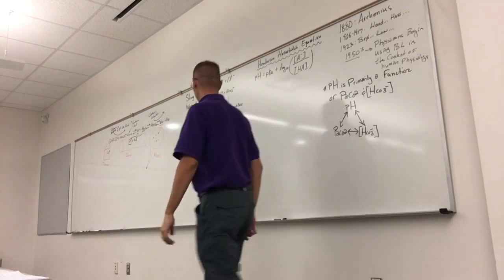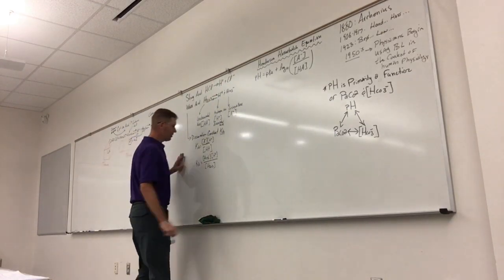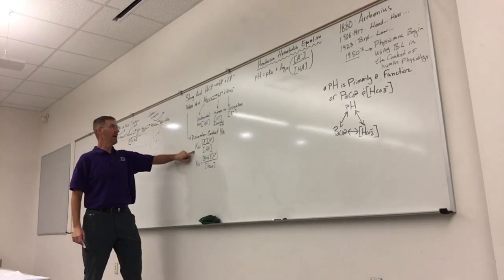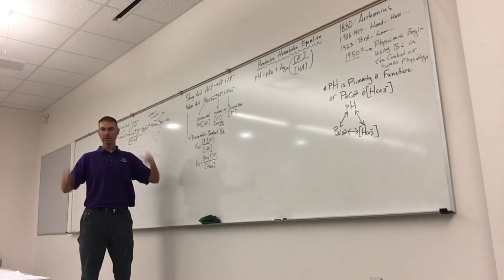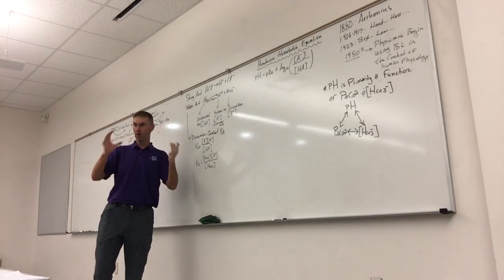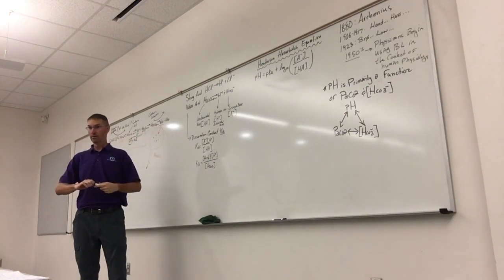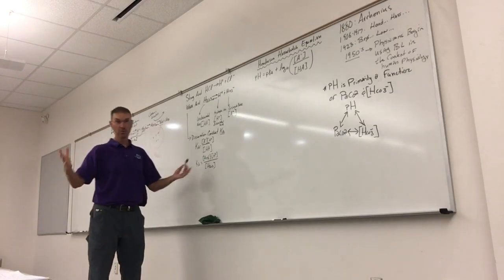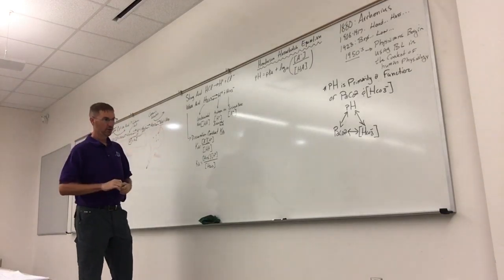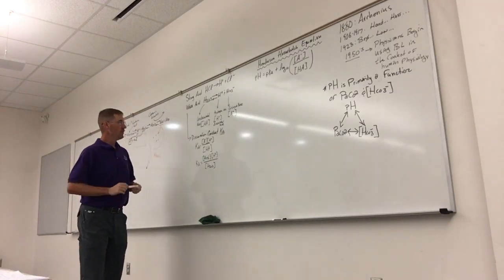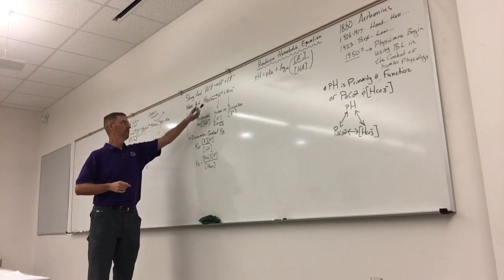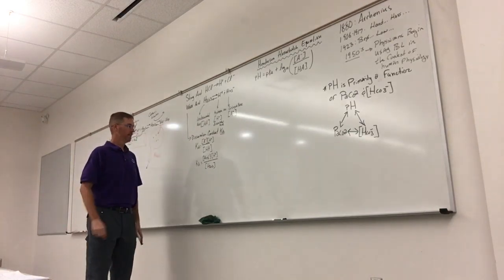And to figure out the Ka of some weak acid, we take a solution of pure water, generally. This is really hard to do in human beings, but we take pure water, distilled water, and then we dissolve a certain amount of a weak acid in there.